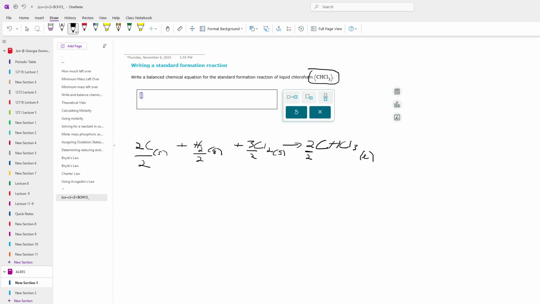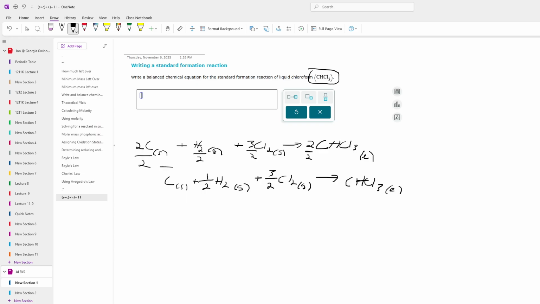So what's that going to give us? That's going to give us carbon as a solid plus 1/2 H2 as a gas plus 3/2 Cl2 as a gas, and that's going to yield 1 mole of the chloroform, CHCl3 as a liquid.